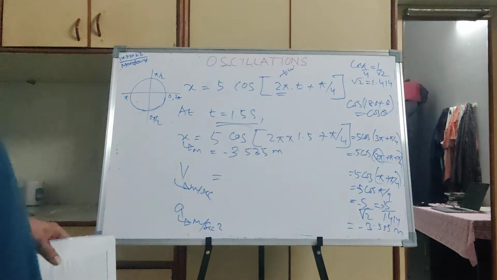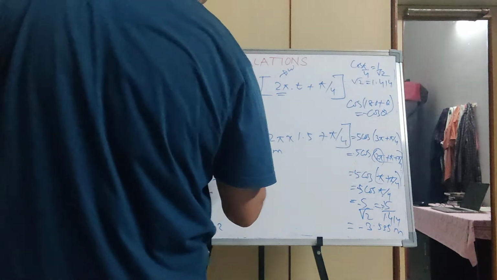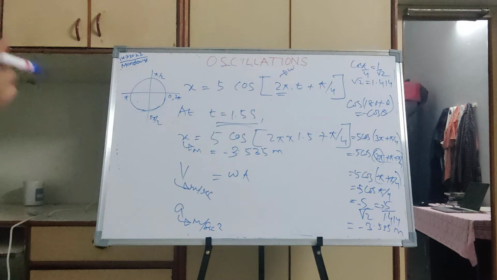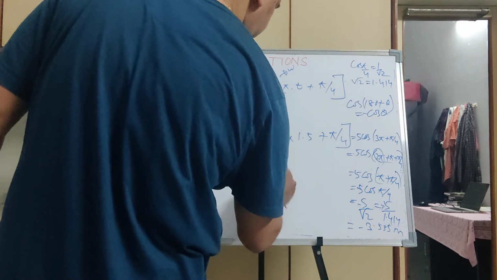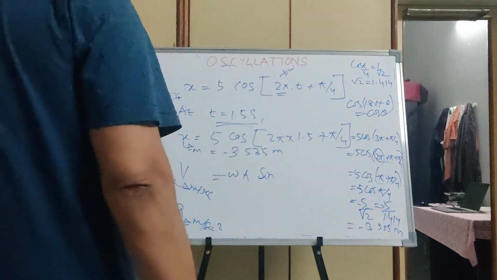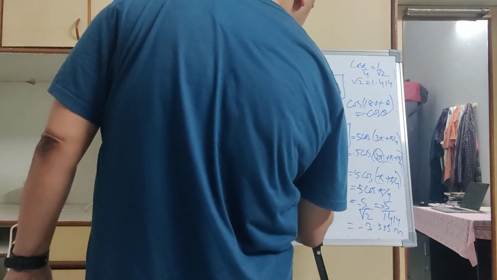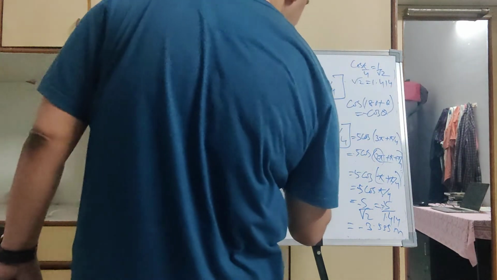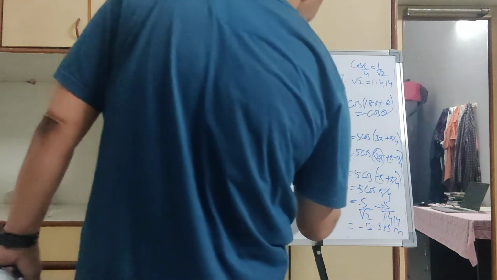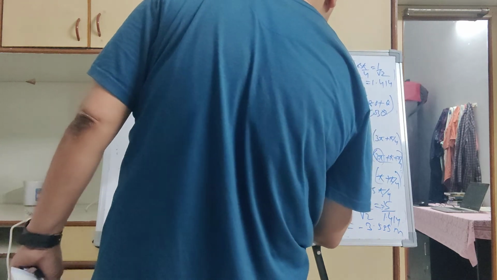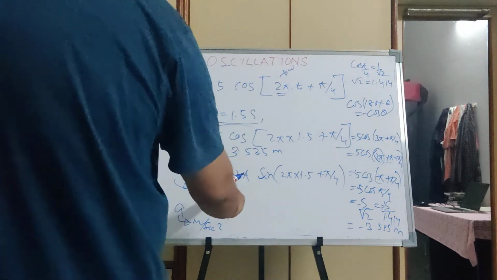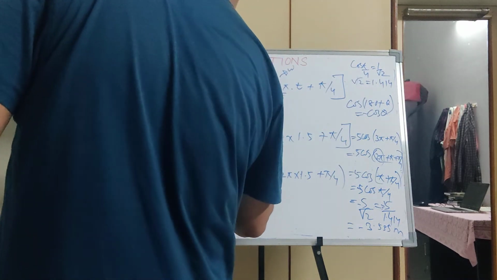The derivative of cos is minus sine. So it will become omega a into minus sine of (2 pi into t, where t is 1.5 second, plus pi by 4). This is your equation, and omega in this case is 2 pi.